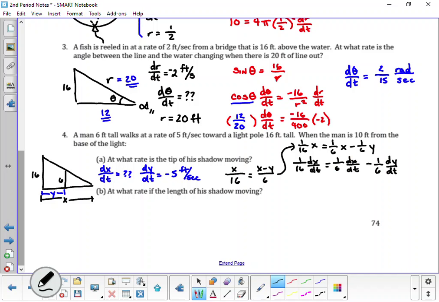Then we can plug in -5 for dy/dt. So 1/16 minus 1/6, I'm going to bring that over, dx/dt equals, plugging in -5, positive 5 over 6. That's it, right?